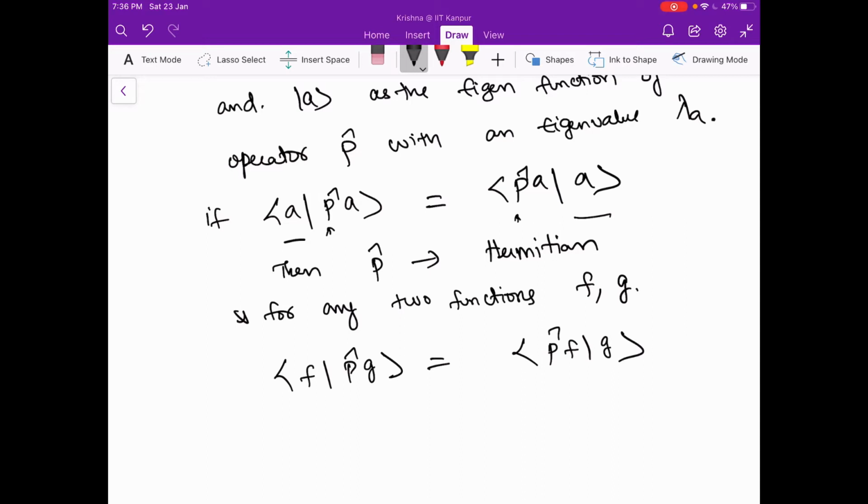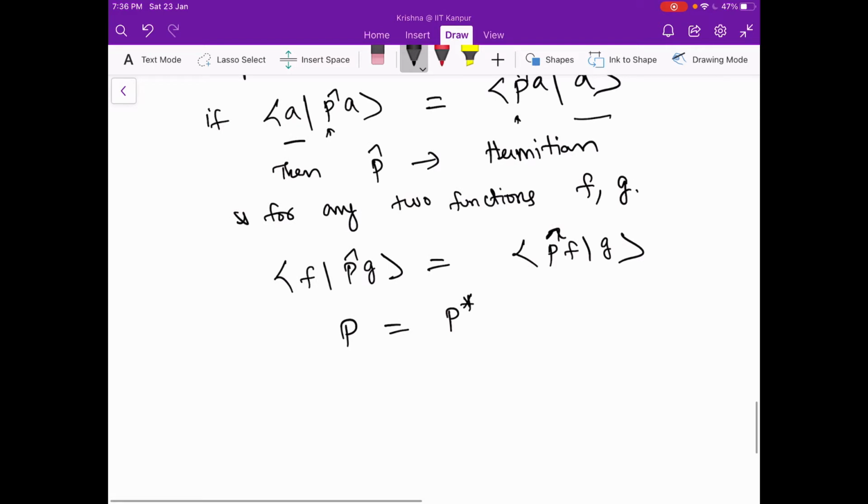Once again, these brackets are inner products as we saw previously. We can move this P here and there, right? This is just to prove that P equals P star, right? So this is the definition of a Hermitian operator. This is true only if this can be true.